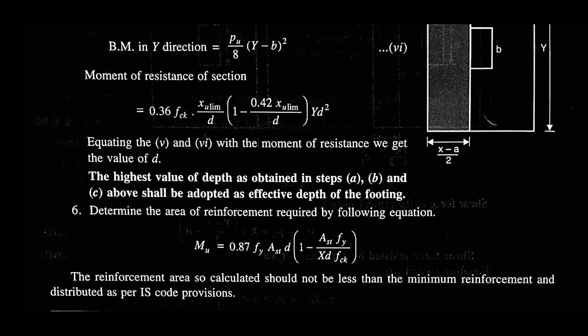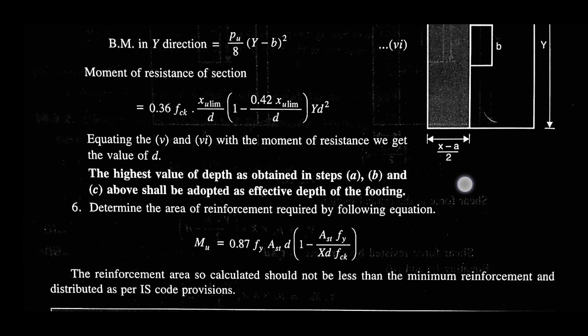The highest value of depth as obtained in steps A, B and C, that means for one-way shear, two-way shear and moment, shall be adopted as the effective depth of the footing. So the highest value will be adopted.